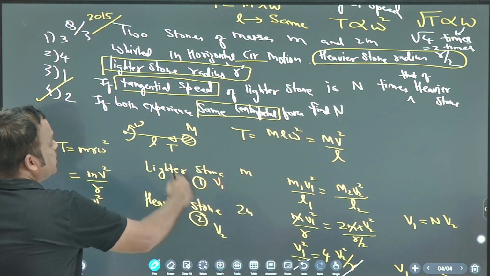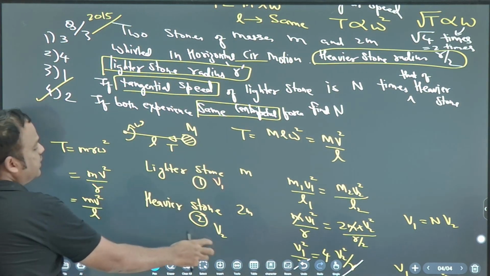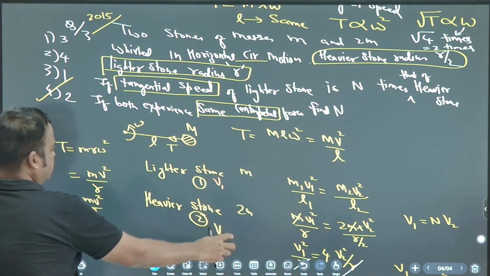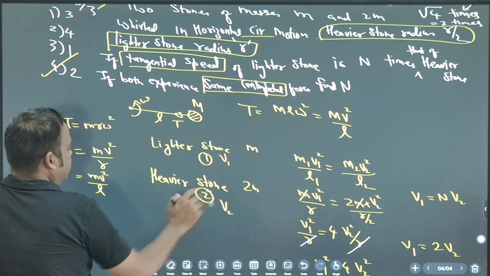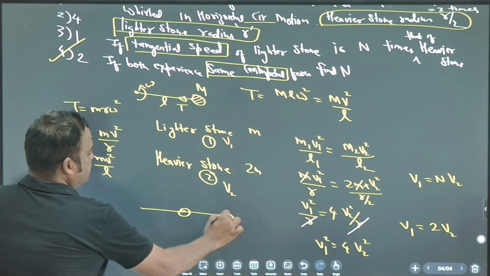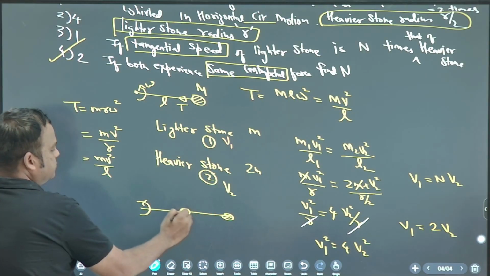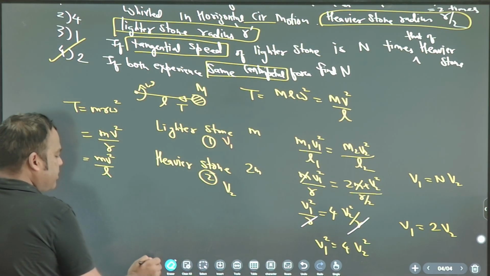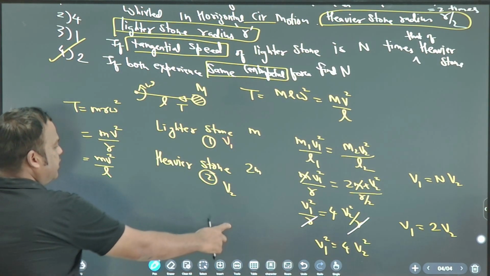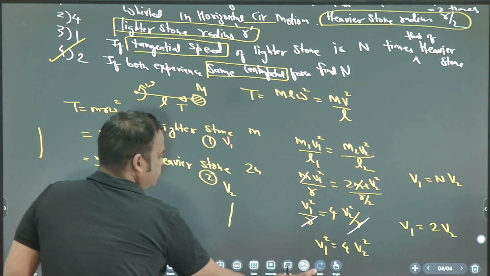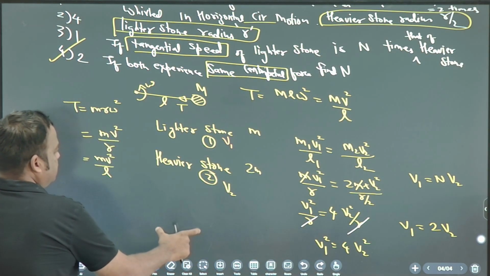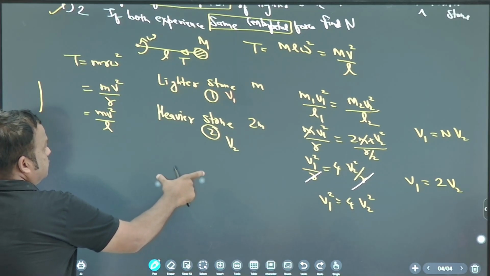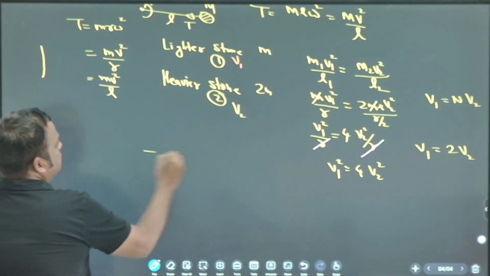Now r means L here, length of the string. So m v square by L. Okay. So two separate stones are there. It is not connected like this. Don't get confused. It is not like this, one stone like this, another stone like this. No, this is not there. Two separate circular motions are there. They are separate stones.